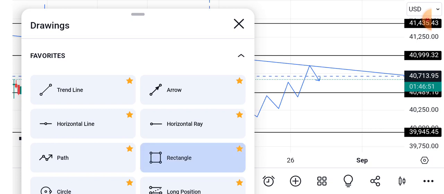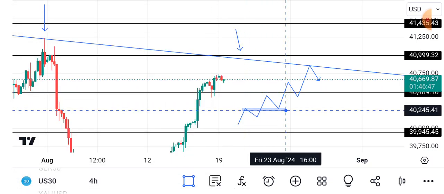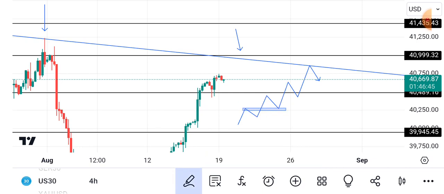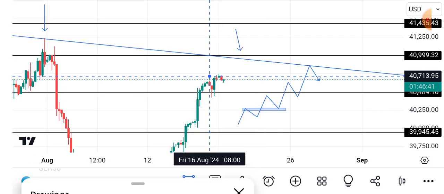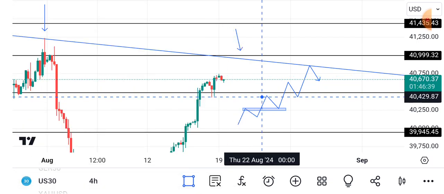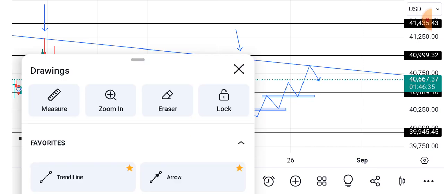So it moves like that. You can see that there's a build up for this kind of structure right there. It moves like this. The market moves like this. A ladder-like structure.